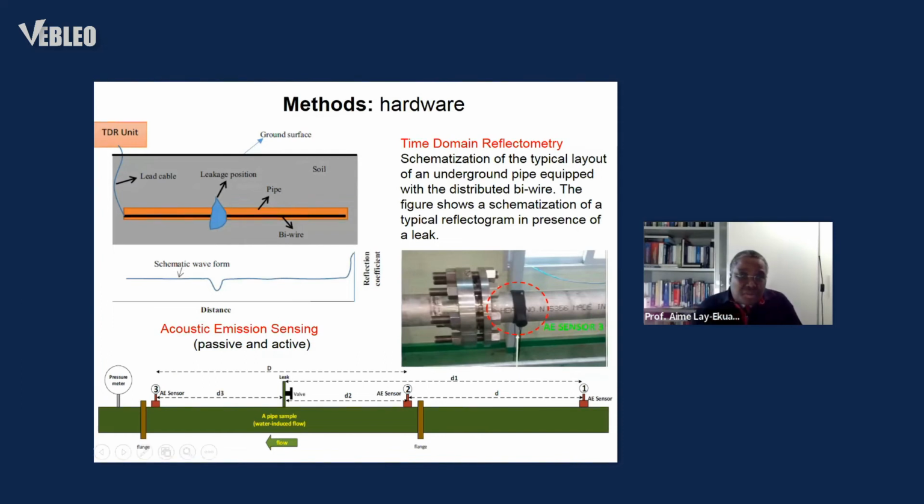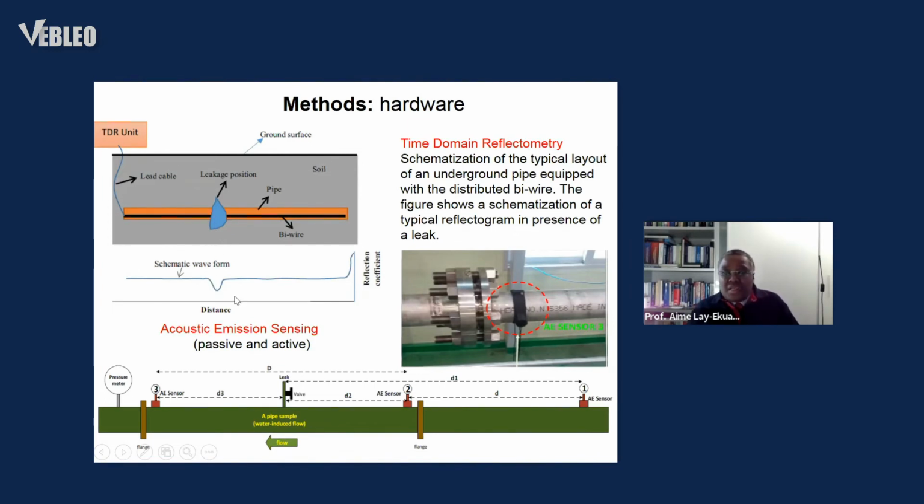So we can use the time domain reflectometry. This is the pipe. We launch a signal, and there is a return wire along this pipe to tell us if there is a break in the pipe.